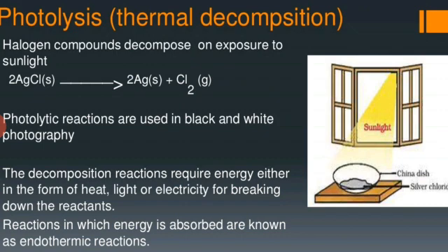Slowly, the white silver chloride starts decomposing into grey silver. It means that it has decomposed. Silver chloride has broken down into silver and chlorine. This reaction is used in black and white photography.